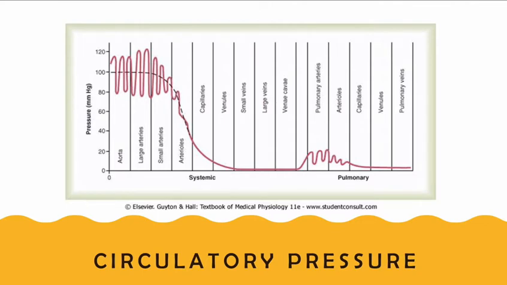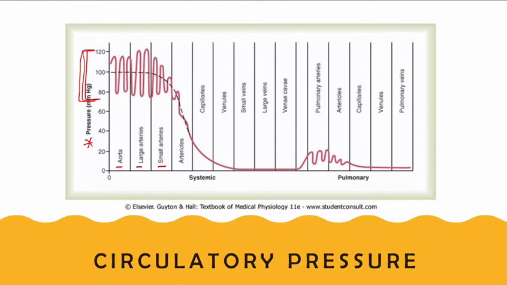But if I could direct your attention to what you're seeing on the slide, this is really looking at the differences in pressure. Pressure is on the y-axis, and then you can see each of the vessels listed in the columns on the picture. So at the beginning of this figure, we're looking at normal blood pressures here.